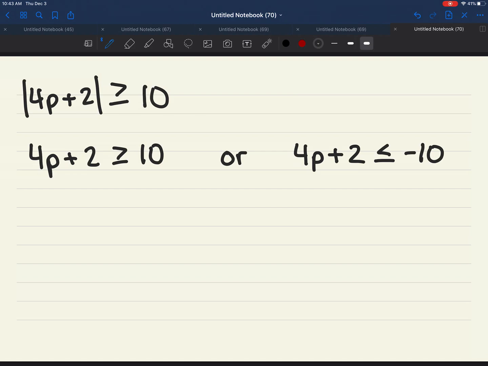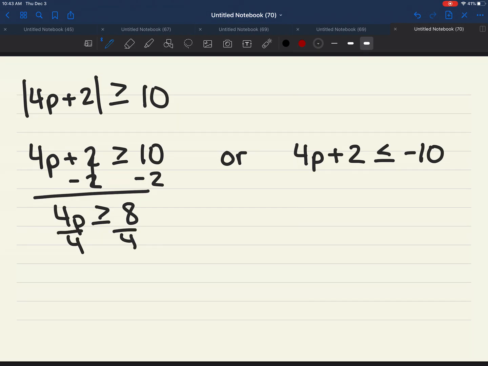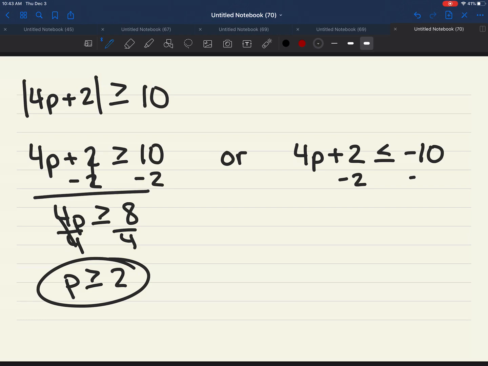So you've got to solve it? The one on the left, yeah. Okay, -2. Good. That gives you 4p is greater than or equal to what? 8. And you would get p is greater than or equal to 2. Very good. Bailey, on the right. -2.